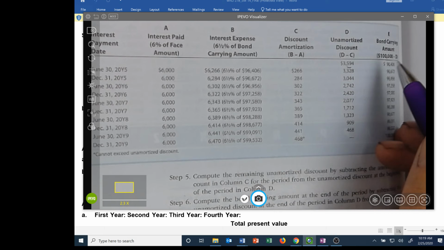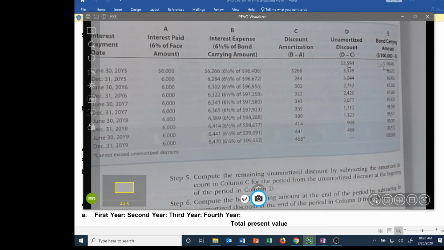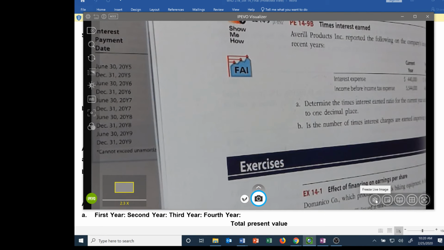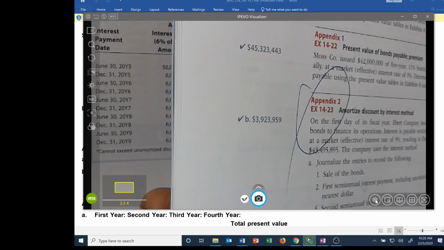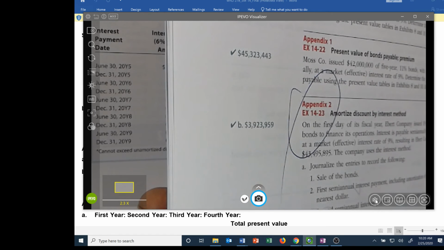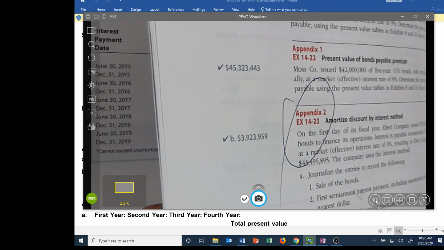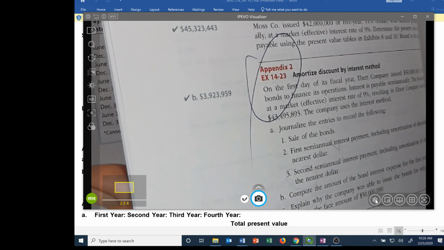So we're going to do that with a problem now, Appendix 2, page 710, exercise 23. Amortized discount by the interest method. That's why I had to draw that table. Now, you're going to issue $50 million worth of bonds at 43,495,895.